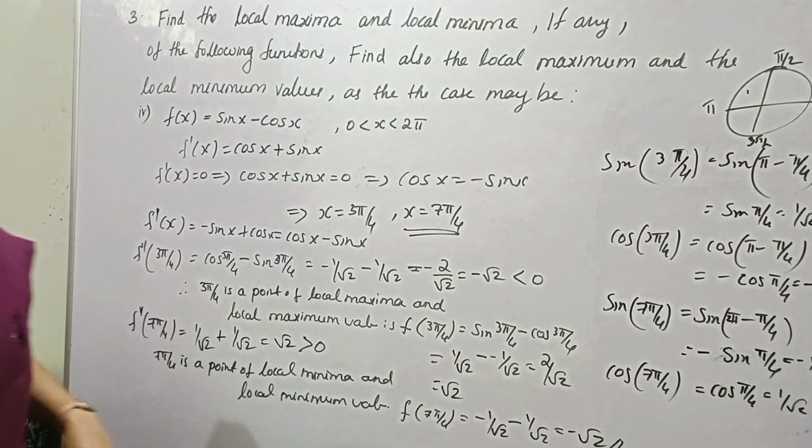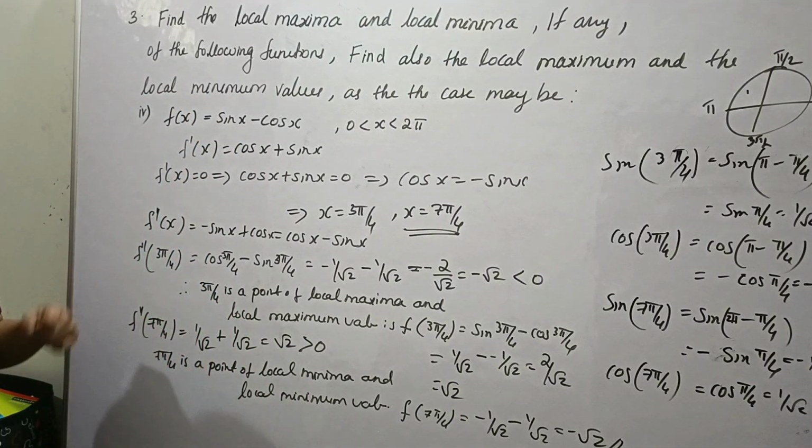Okay. So minus root 2 is the local minimum value of the function.